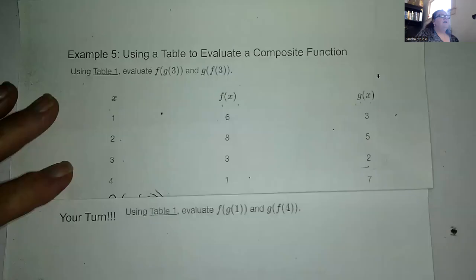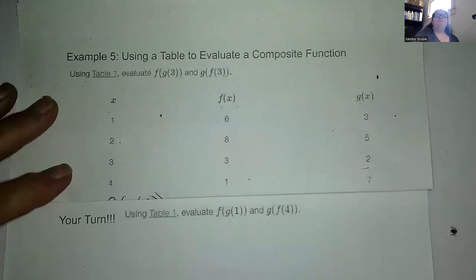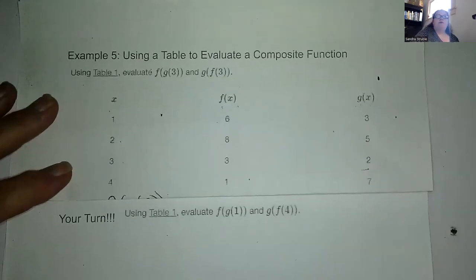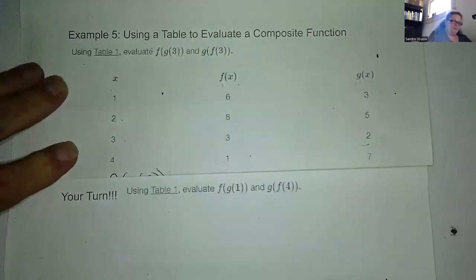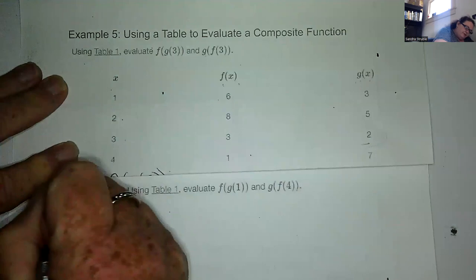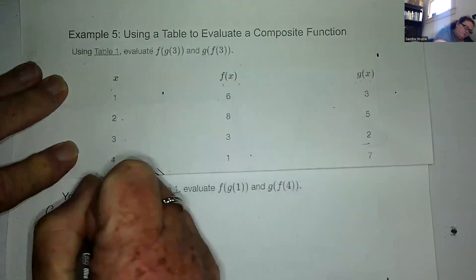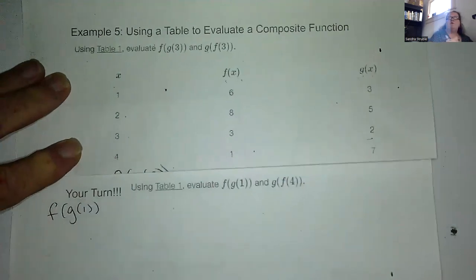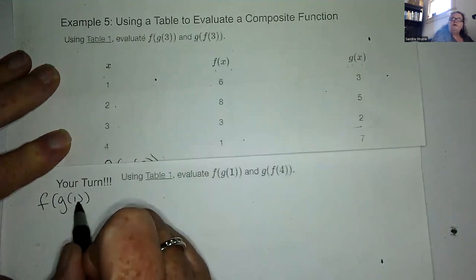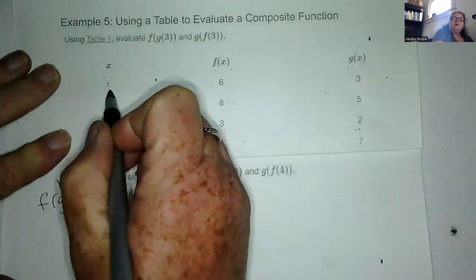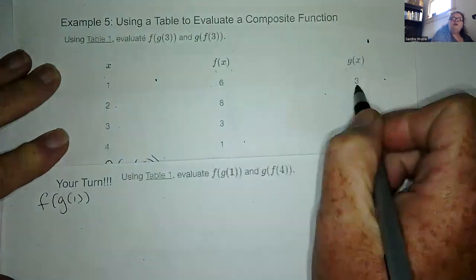You're back. Okay, my turn. Function f of g of 1. The first question I'm going to ask myself, I'm not going to write it this time, is when x is 1, what is the function g? When x is 1, function g is 3.